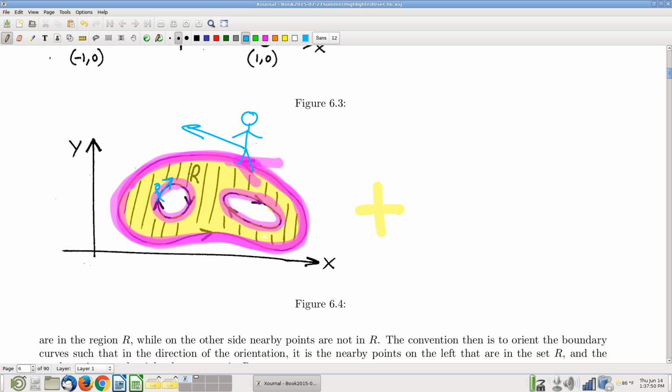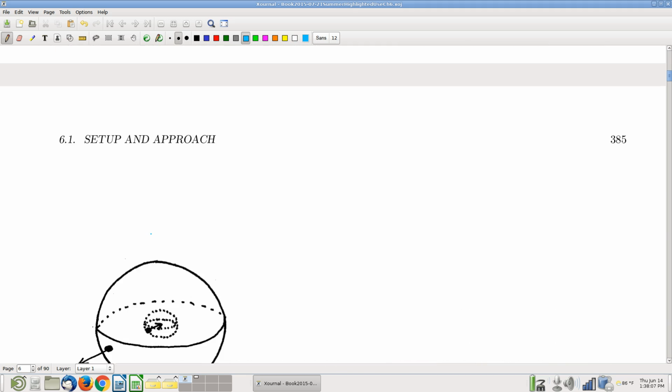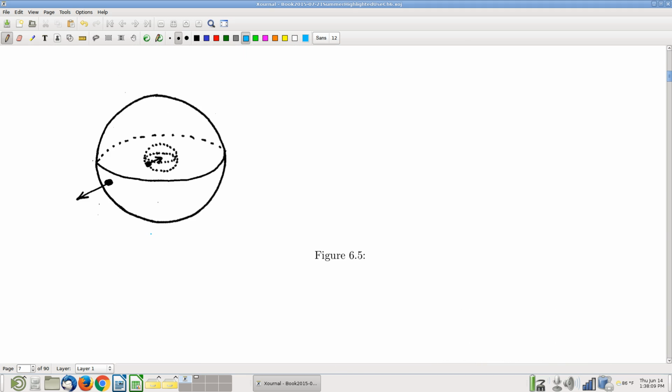But if there are holes cut out of it, then you have to think about which way am I going, and the region's on which side, and think it through very carefully. And the interior pieces will always be on the right. I mean, it'll always be clockwise. Okay, so that's the rule there. What about if you have a solid? You have a solid three-dimensional thing in R3, a solid lump.